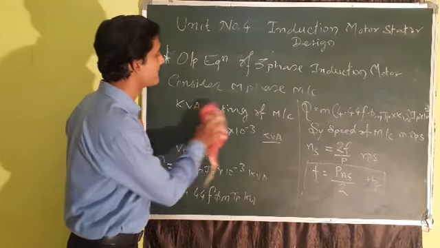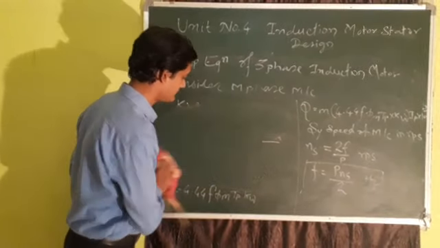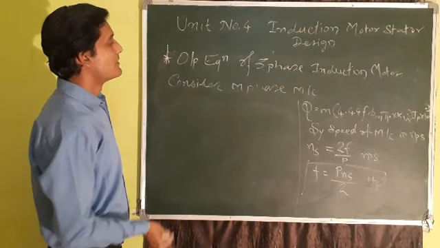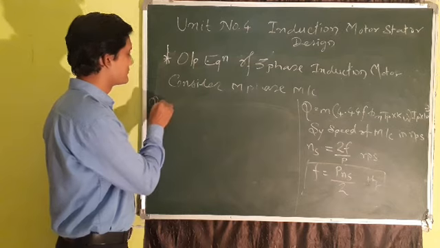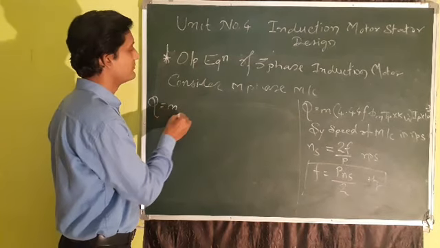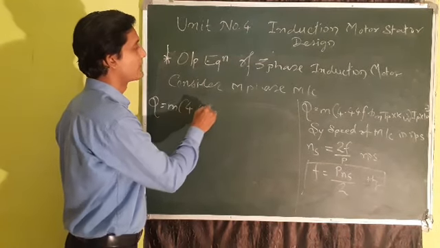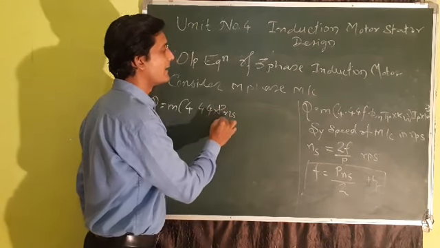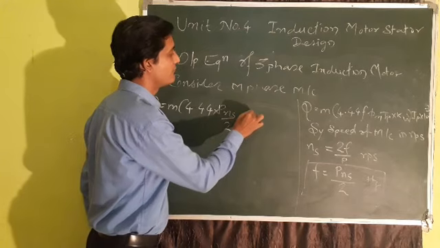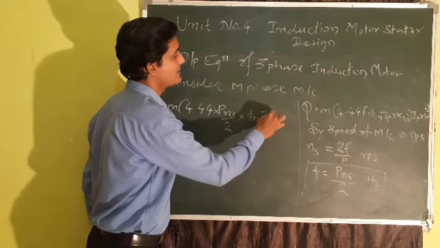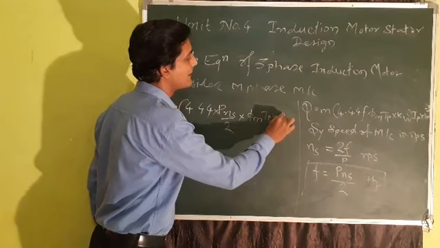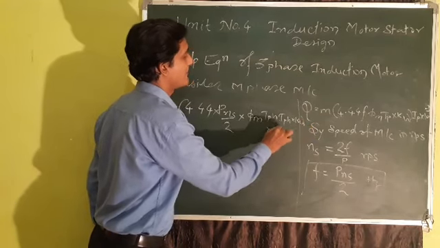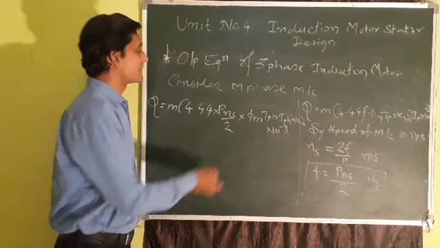So Q is equal to m into 4.44 into P Ns by 2 into phi m into Tph into Iph into Kw into 10 raised to power minus 3.